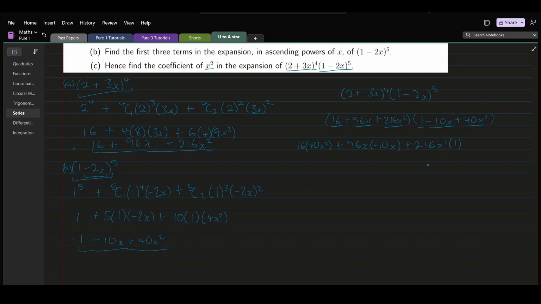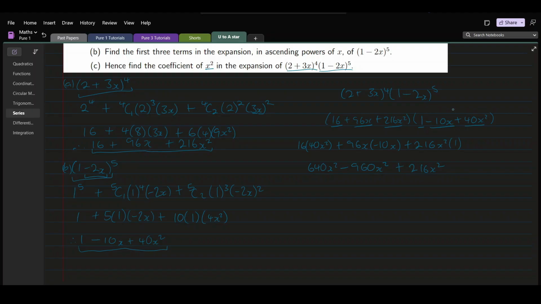Now let's simplify this. So we have 16 times 40, that is 640x squared. Then we have 96x times negative 10x, so that's negative 960x squared. Finally, you have 216x squared. Now let's simplify the coefficient of x squared.